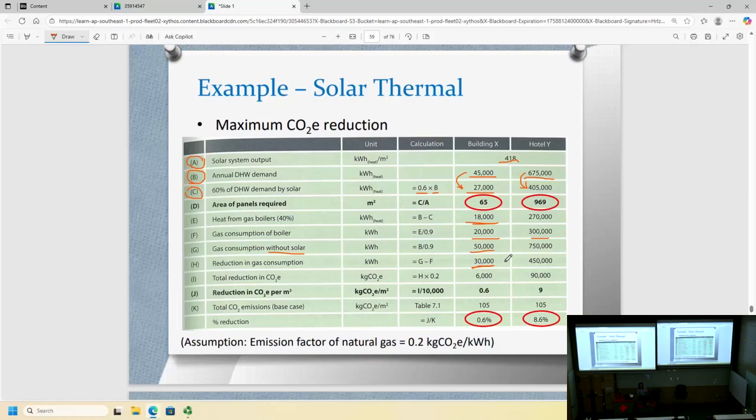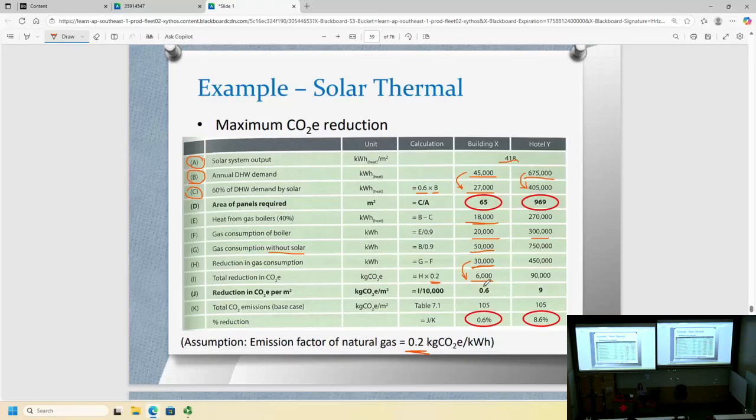Right? Okay, so how much carbon dioxide is being reduced? So it would be the energy and then multiply by the emission factor of natural gas. And for natural gas, the emission factor is assumed to be 0.2 kg of carbon dioxide for every kilowatt hour.